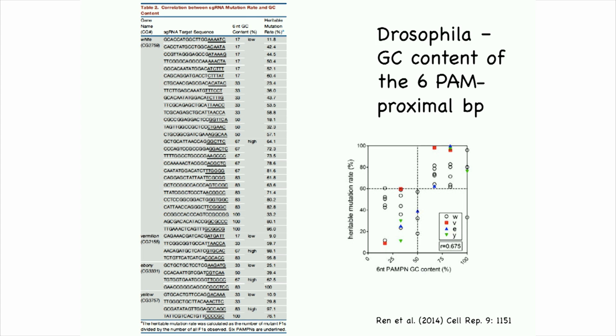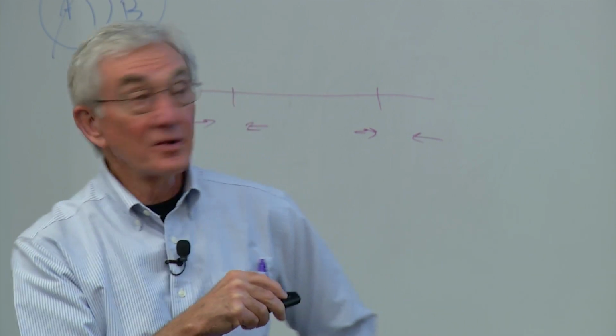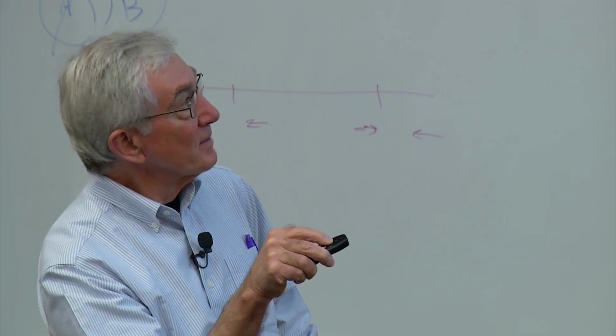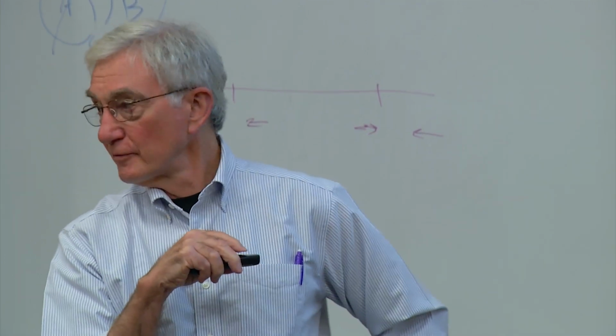And what they say is that if you have, I'm not sure how they can get, I guess these aren't fractional, these must be 2/3. So if you have 4 or more GC pairs in those 6 base pairs, you're going to do measurably better than if you have fewer than 4.